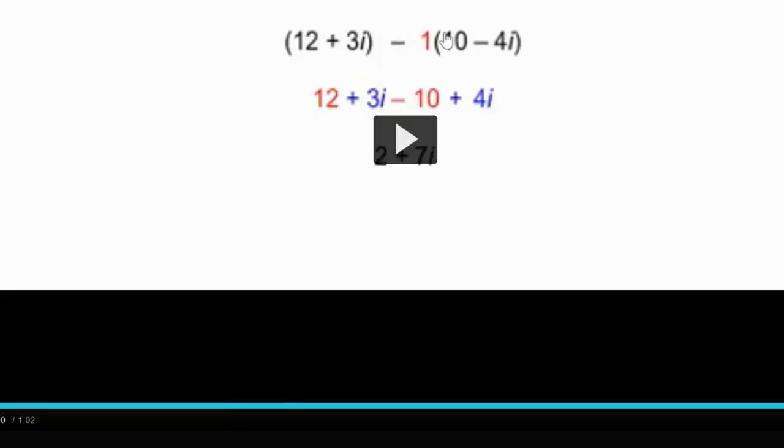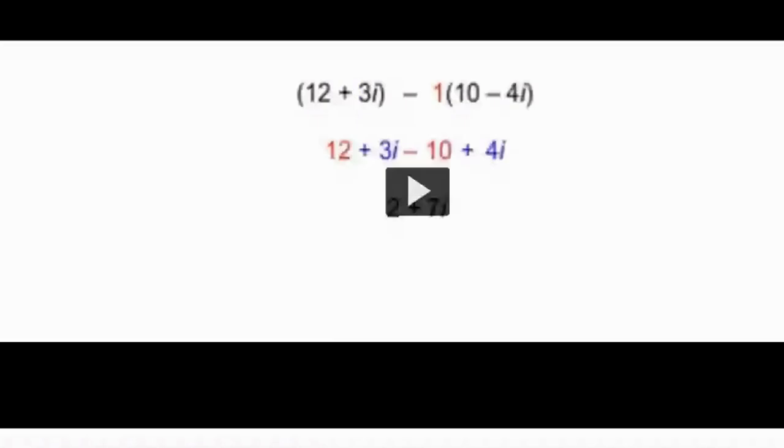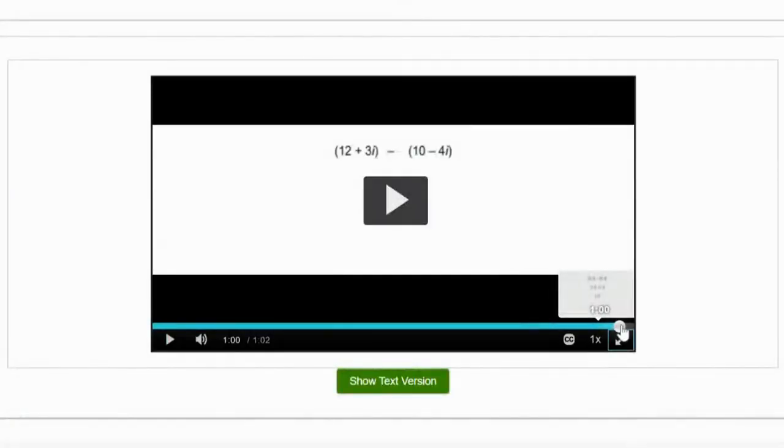They start with these numbers. The real numbers subtract. 12 minus 10. We're subtracting the real from the real. 3i minus negative 4i. So that's why it ends up with 7i.